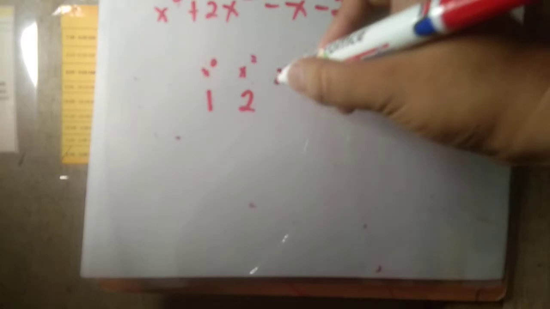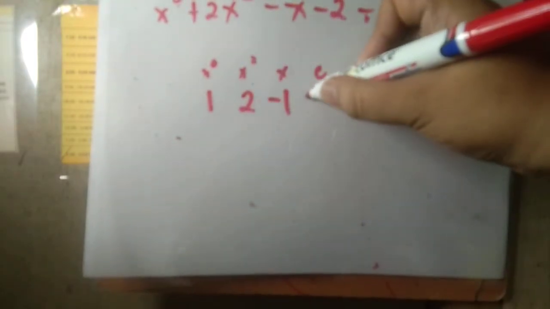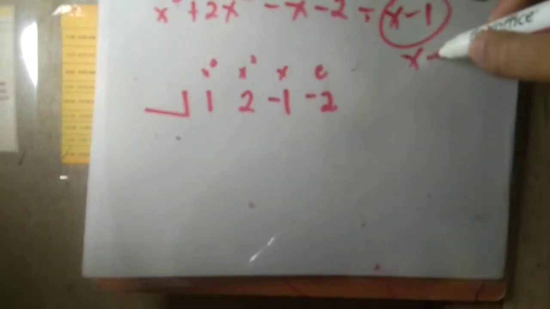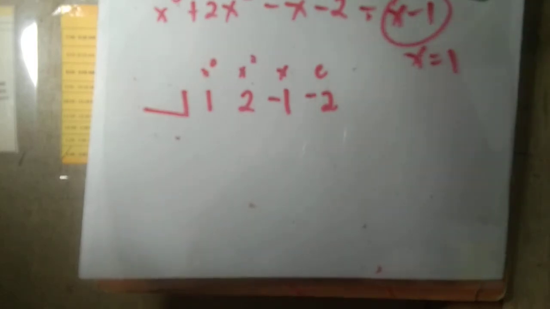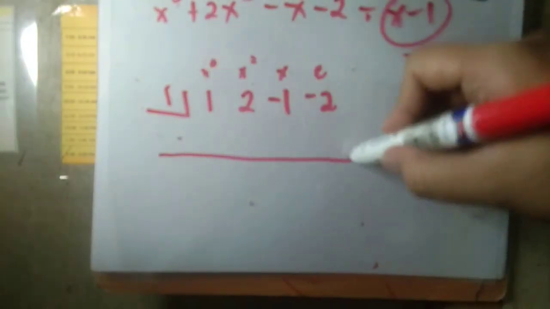For x, the numerical coefficient is negative 1, and your constant is negative 2. And then for your divisor here, your x is equal to 1. So you will be writing 1 on the left side.